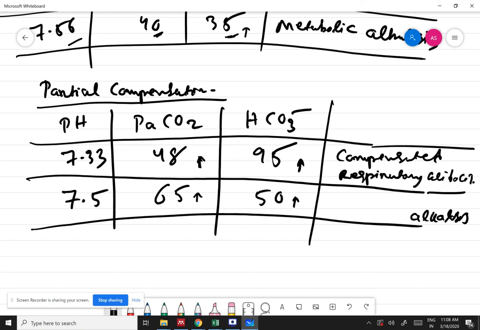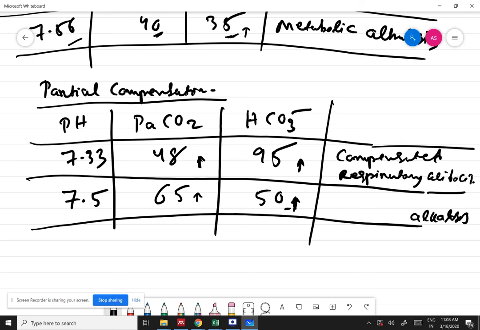Okay, so you have to see which value is closer to the normal range in some sense. So 35 to 45 for PaCO2, and HCO3 minus should be 22 to 26. What might have happened here is that HCO3 minus went up because of non-performance of the renal system, or a problem with the renal system. So if HCO3 minus started going up, the blood started becoming more alkaline.